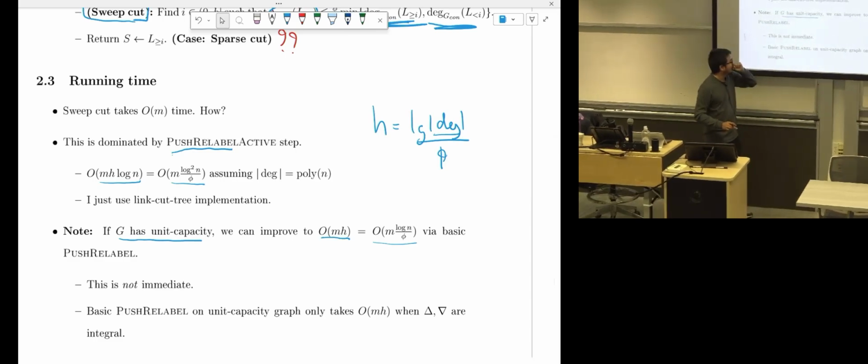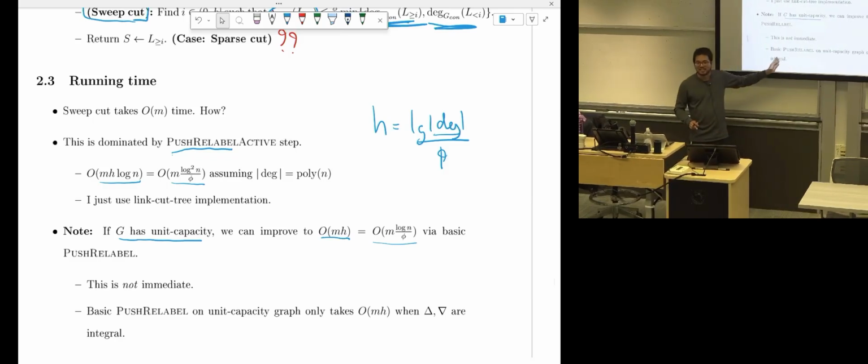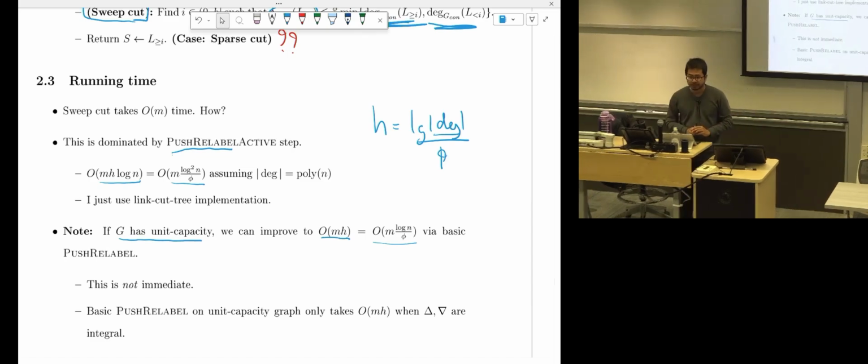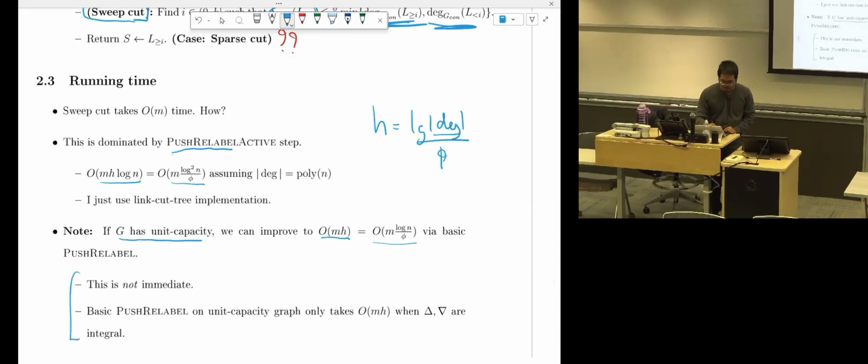But I will not talk about this for now. It just takes more careful analysis of basic push relabel. So I can skip this, I just use link cut tree to forget about all these details, and we pay 1 more log n.